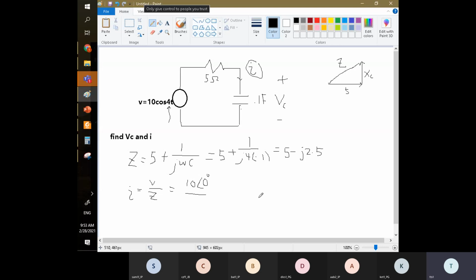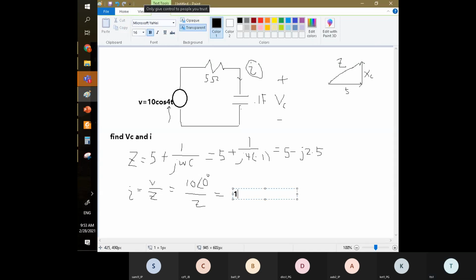After you convert Z to phasor, you will get an answer like 1.789 at the angle of 26.57.